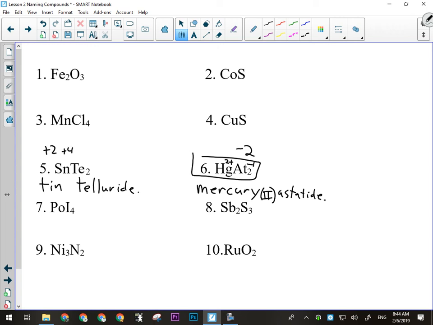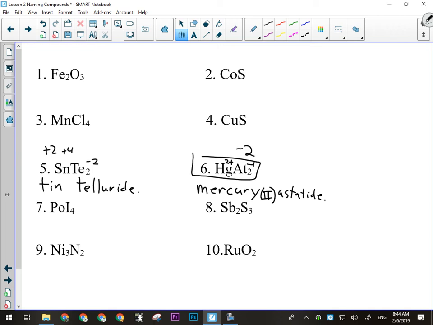We don't know. Okay, so I need to look at my nonmetal. What's the charge for tellurium according to my periodic table? 2 minus. All right, so every tellurium has a -2 charge. And there are how many telluriums in this compound?